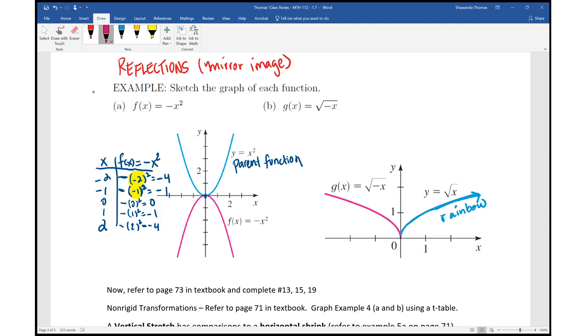Because the other one reflected over the x-axis, but notice this is on the inside of the function. So this is a reflection with respect to the y-axis instead of the x-axis. This one was a reflection with respect to the x-axis.